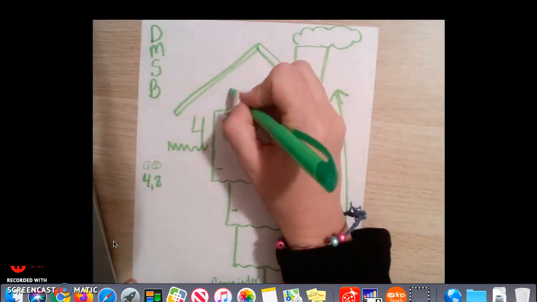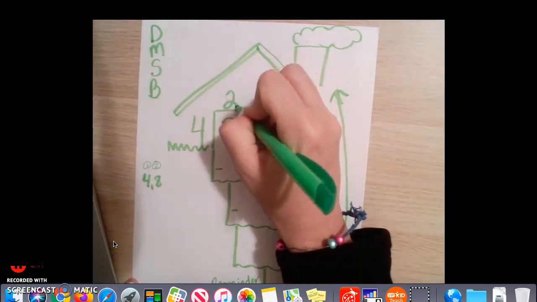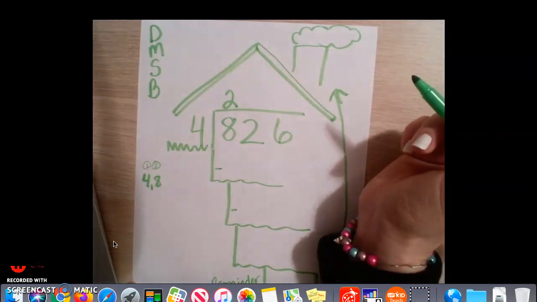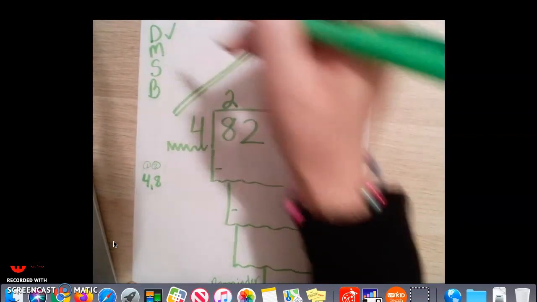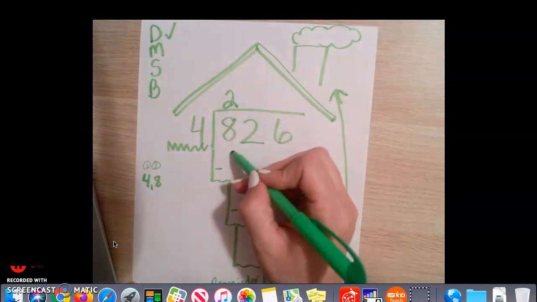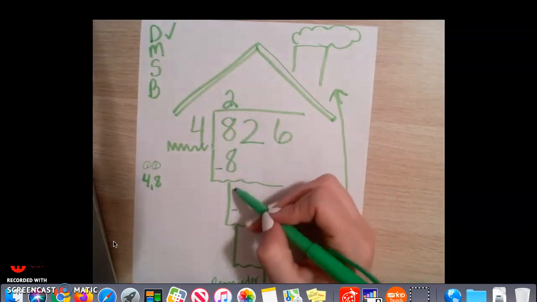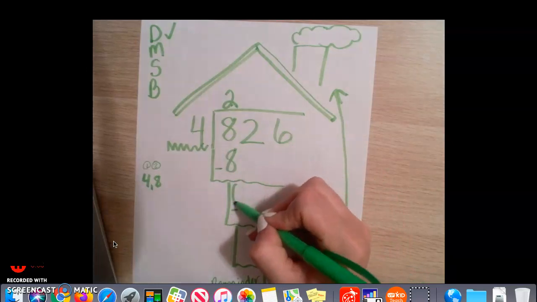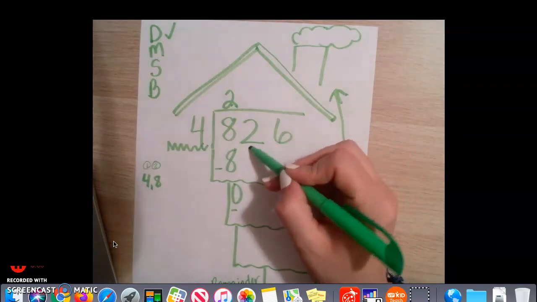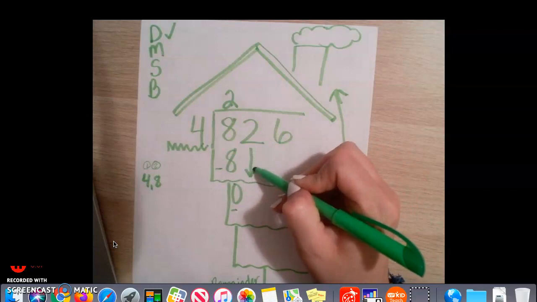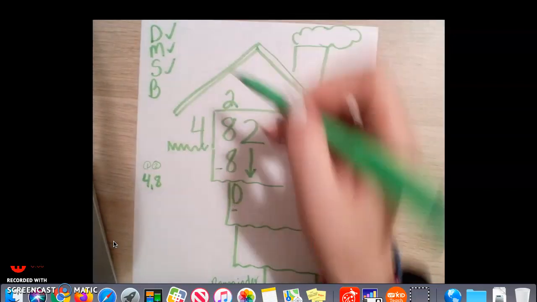So 8 divided by 4 is 2. Okay, so that was our divide. Now we're going to multiply. 4 times 2 is 8. And then we're going to subtract. 8 minus 8 is 0. And we're going to bring that down. Bring down the 2.